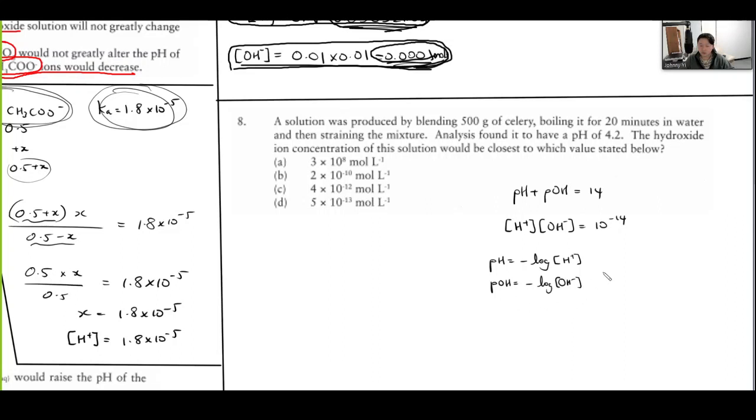The hydrogen concentration is 10 to the power of negative pH, and the hydroxide concentration is 10 to the power of negative pOH. So pH is 4.2, therefore pOH is equal to 9.8.